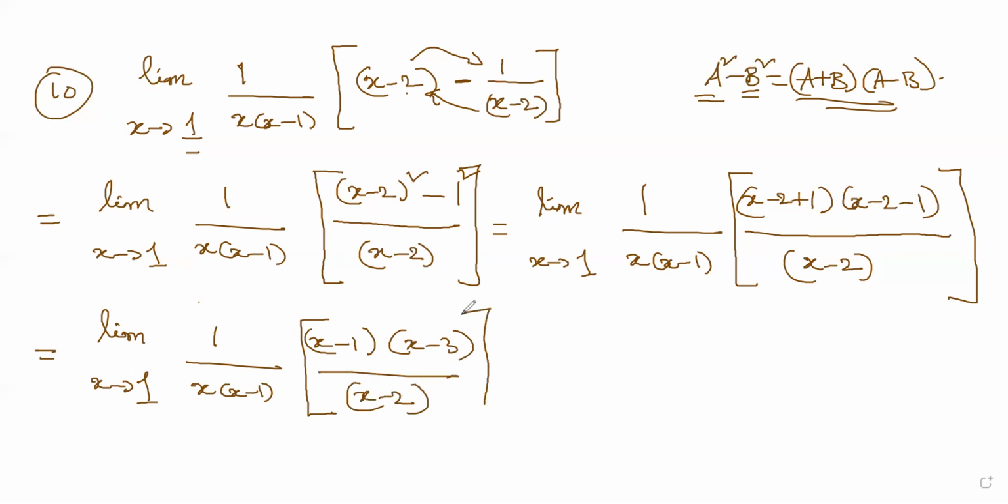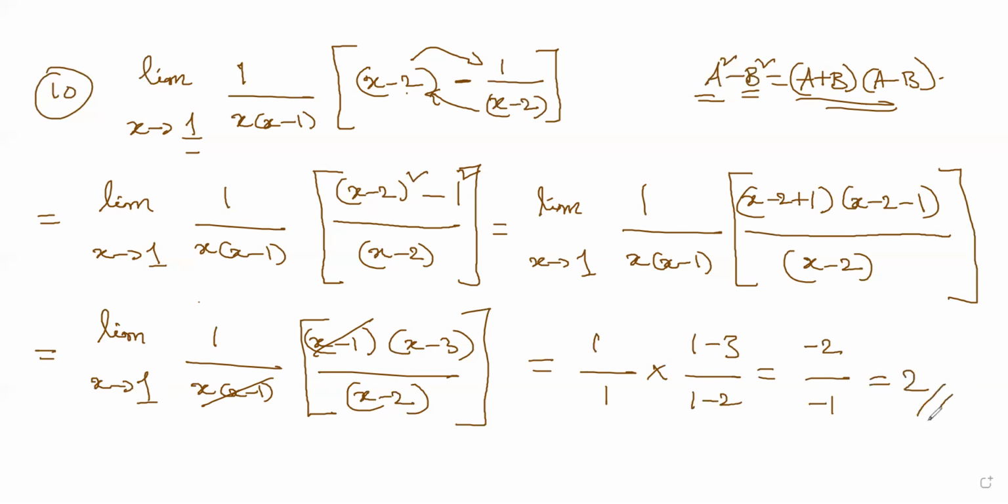Now you see the x minus 1 part is finished, so you can cancel the hurting term. The x minus 1 is the hurting term. That is gone. Now x tends to 1, so you just substitute. You are left with 1 by 1 into 1 minus 3 divided by 1 minus 2. So 1 minus 3 is minus 2, 1 minus 2 is minus 1. The answer is 2. That's the answer.